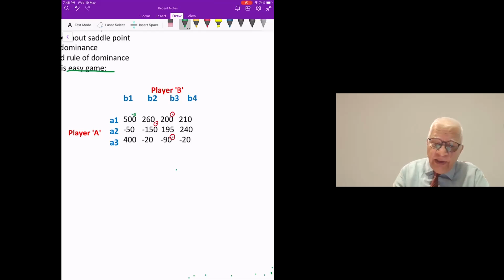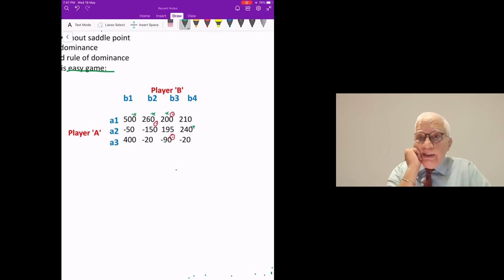The highest number is 260, marked with an asterisk. Column B3: 200, 195, minus 90. The highest number is 200, so I'll mark it with an asterisk. And column B4, the last column: 210, 240, minus 20. The highest number is 240, marked with an asterisk.